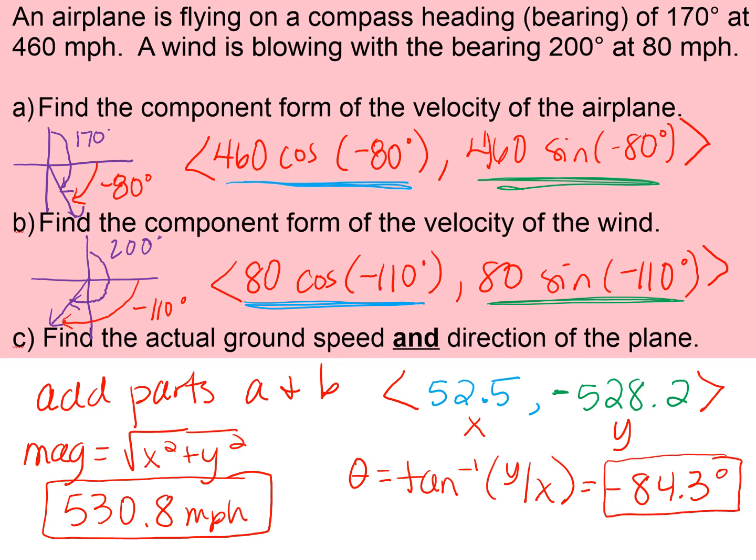Oh, but I forgot to check. Is that actually the right answer, or do I need to add 180 degrees like the last time? Well, to answer that question, let's look back here at our component form. So our x was positive and our y is negative. So that vector would be in quadrant 4. So therefore, that angle is correct. I do not need to add 180 degrees this time because the angle measure, negative 84.3, would put me in quadrant 4.